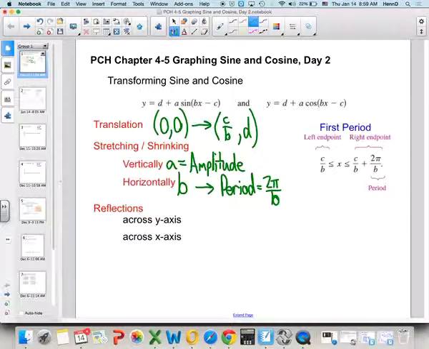No, but if you change b in this one, it's only affecting the x, but if you change b in the other one, the b times h is going to be different than what the c is. Well, yes, if you were writing it out like this, c would look a little different, but the fact of the matter is you're still going to do c divided by b, so you'll end up with the same value for your shift. Okay?